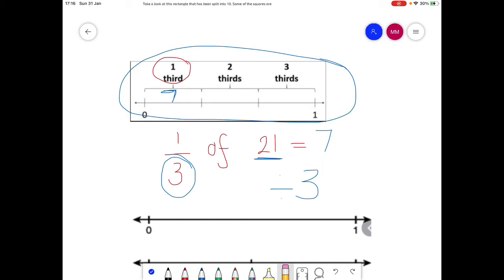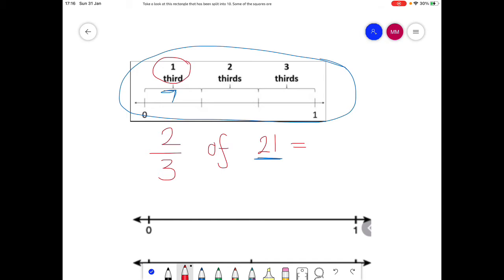If, boys and girls, I wanted to find 2/3 of 21, this is when we have to use a mixture of both division and multiplication. So the first thing we would do is find 1/3 of 21, which I've already done, is 7.